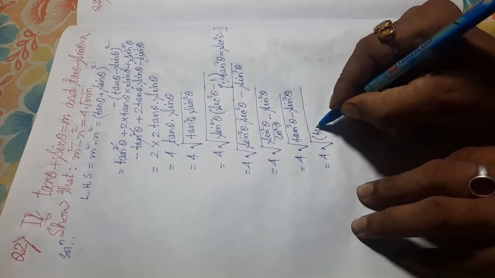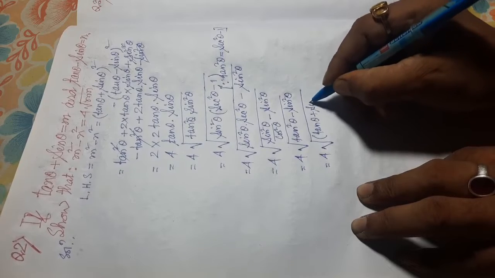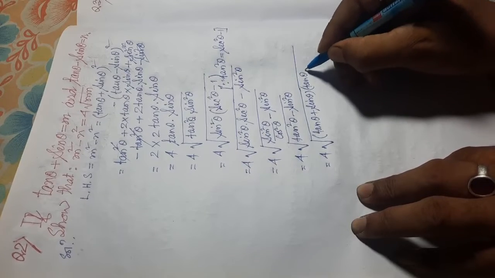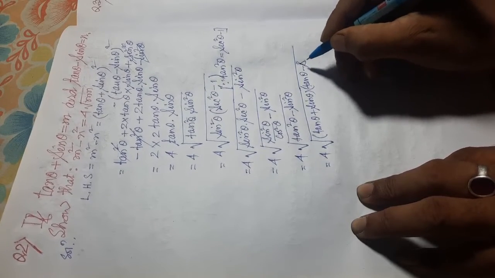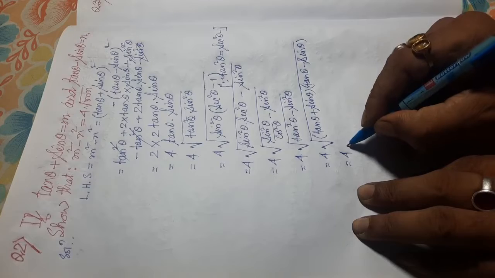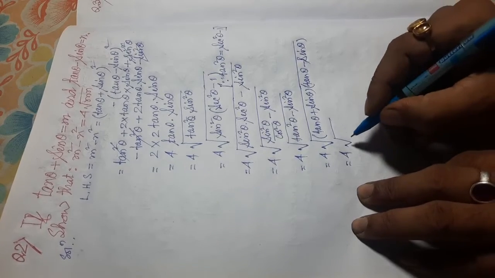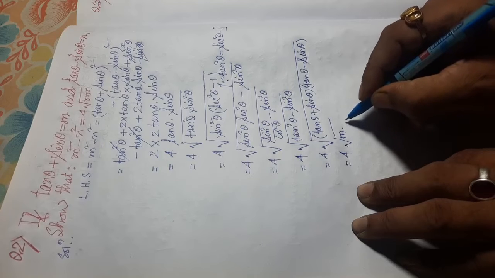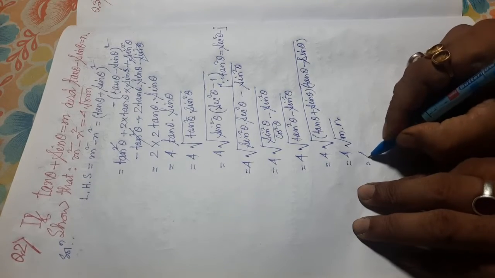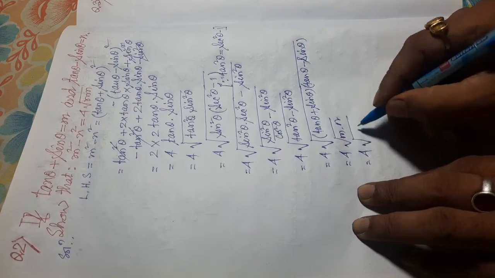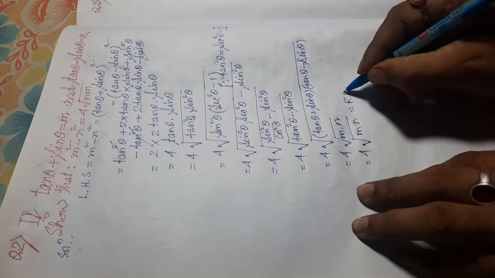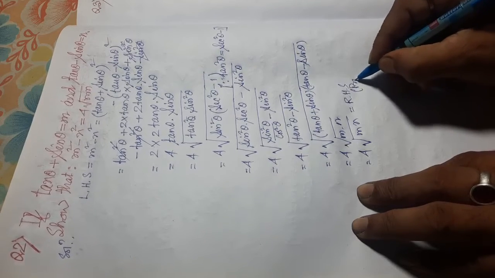Therefore, tan theta plus sin theta into tan theta minus sin theta is equal to 4 into square root, where tan theta plus sin theta is equal to m, and tan theta minus sin theta is equal to n, is equal to 4 into square root of mn, which is the right hand side. Proved.